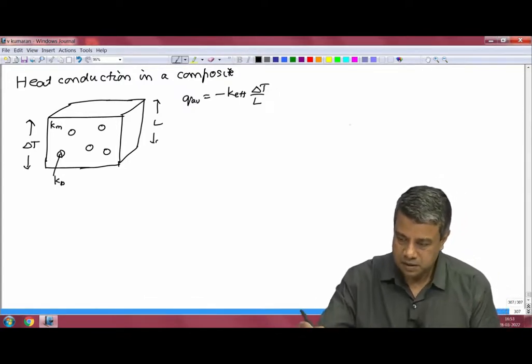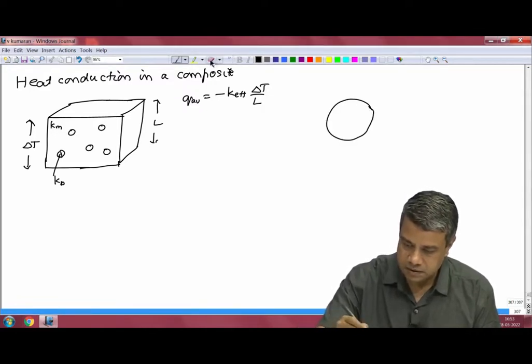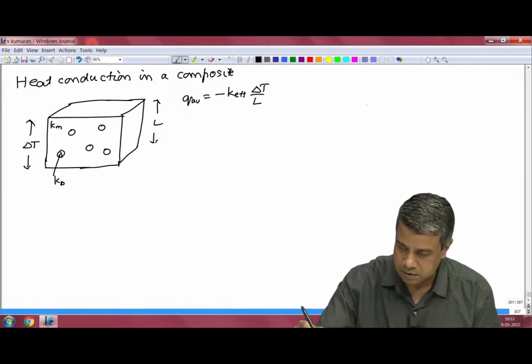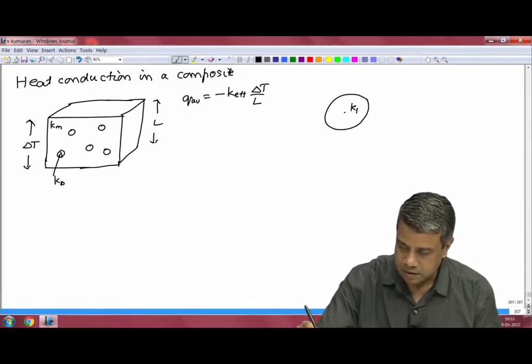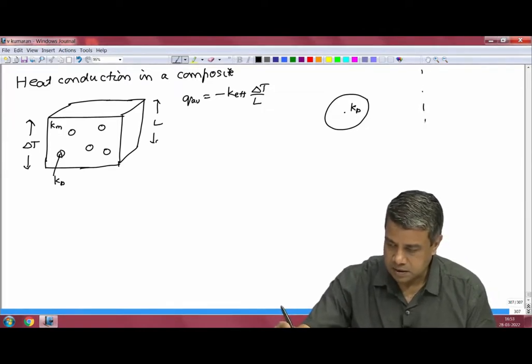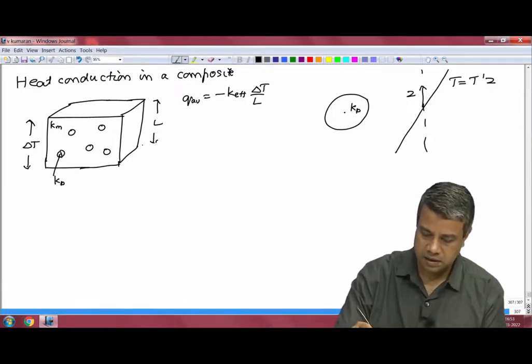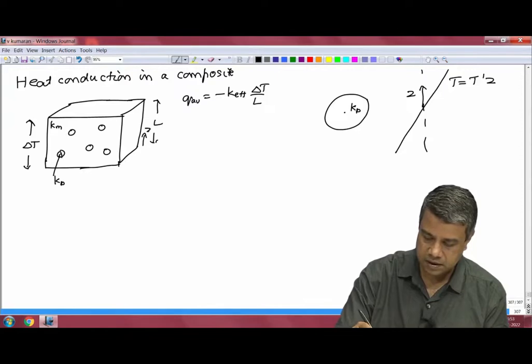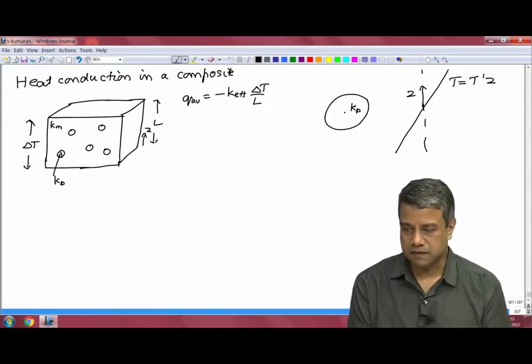So, each particle of conductivity Kp is placed in a matrix which has a linear temperature gradient far from the particle of the form T is equal to T prime times Z, where Z is the axis along the direction of variation of temperature.